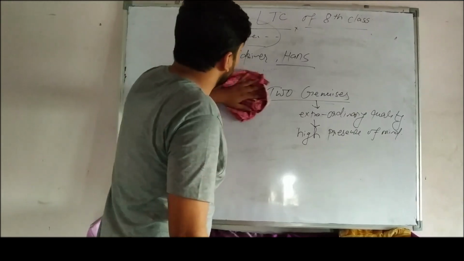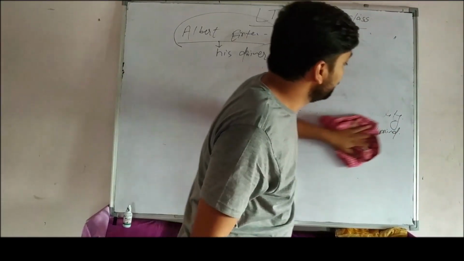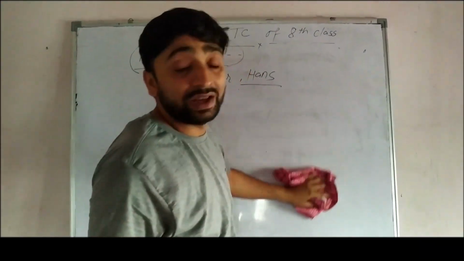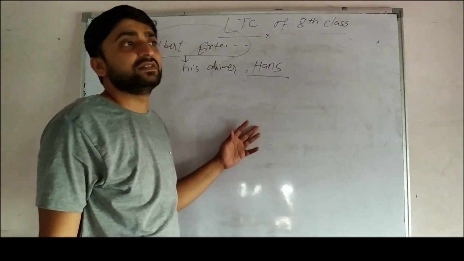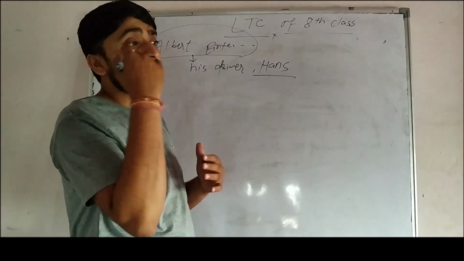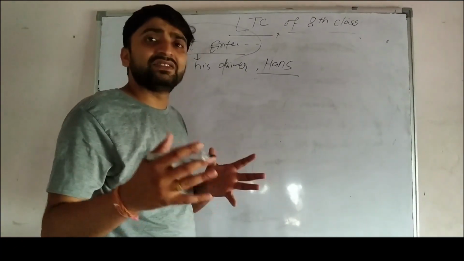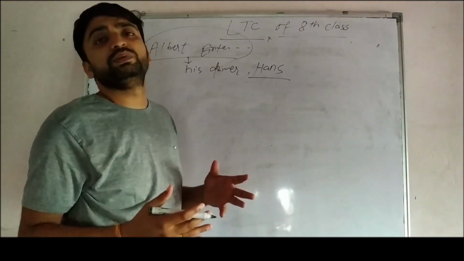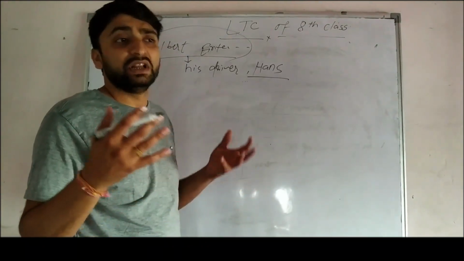Albert Einstein was a professor of physics, and we already know that he had given many theories in physics. He was very popular in his day, and he is still very popular. When he was alive, to give lectures, he used to visit many universities, many colleges, and many places.